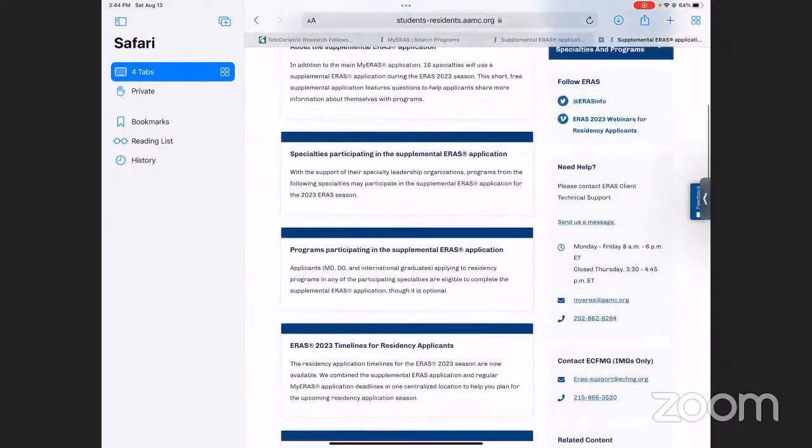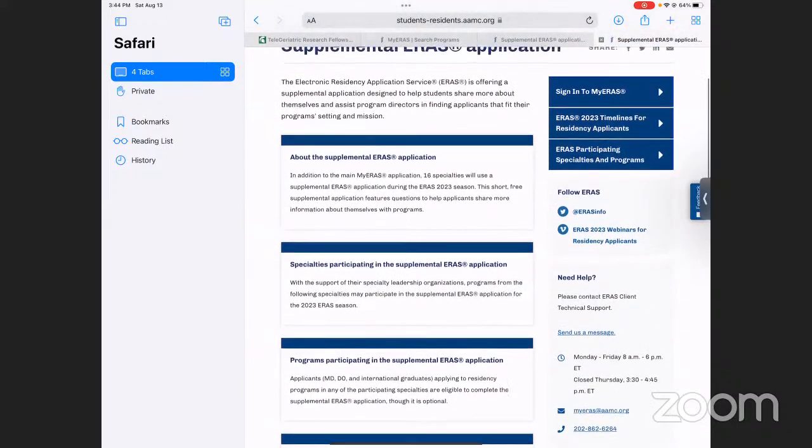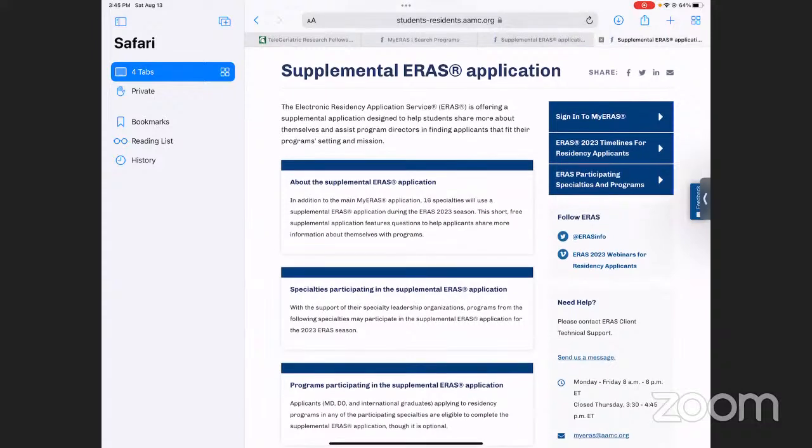What I've come to know about this is that last year, my seniors filled the supplemental ERAS, and it was introduced that year. They told me it depends. When you are very particular about some program, then you should definitely fill this application, because it is a supplemental one which gives you more chance to tell more about yourself.